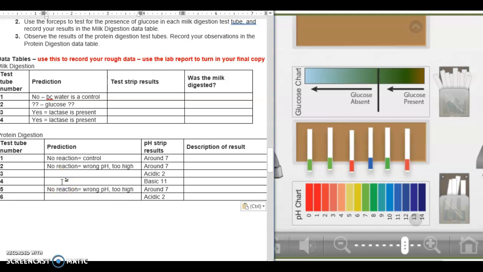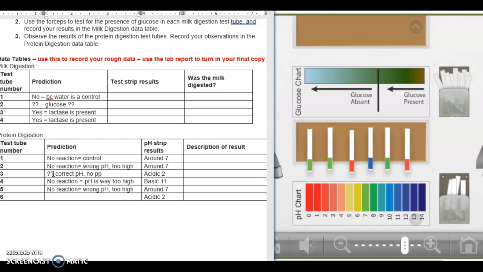The fourth test tube has a completely wrong pH, so that's not going to have a reaction because the base is way too high. The last two that I'm going to address are the third and the sixth. They are both at the right pH level, so I would say that's a maybe. The third has the correct pH, but it does not contain pepsin.